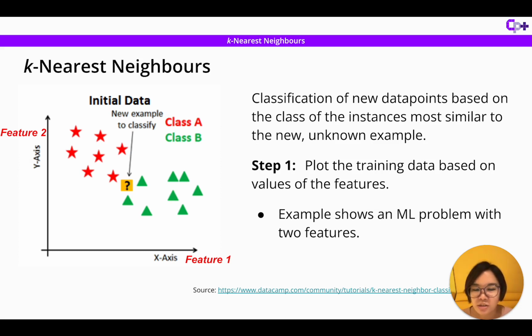So k-nearest neighbors requires you again to plot all your data, similar to what you do for linear regression. The difference here is that your x and y axis are both features. So the targets are not plotted in this way. But the targets are inherent in the plots, because you do know which ones belong to class A and which ones belong to class B. So when you plot them, ideally you will see that the class A groups up together and class B also group up together, right?